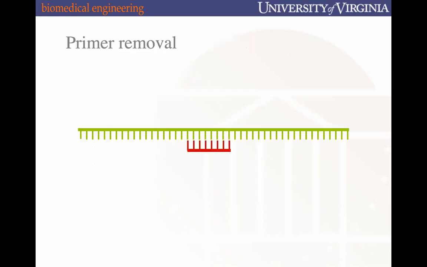So to illustrate and put the pieces together, we're looking right now at a lagging strand where DNA polymerase 3 has its RNA primer here that will help initiate the elongation.